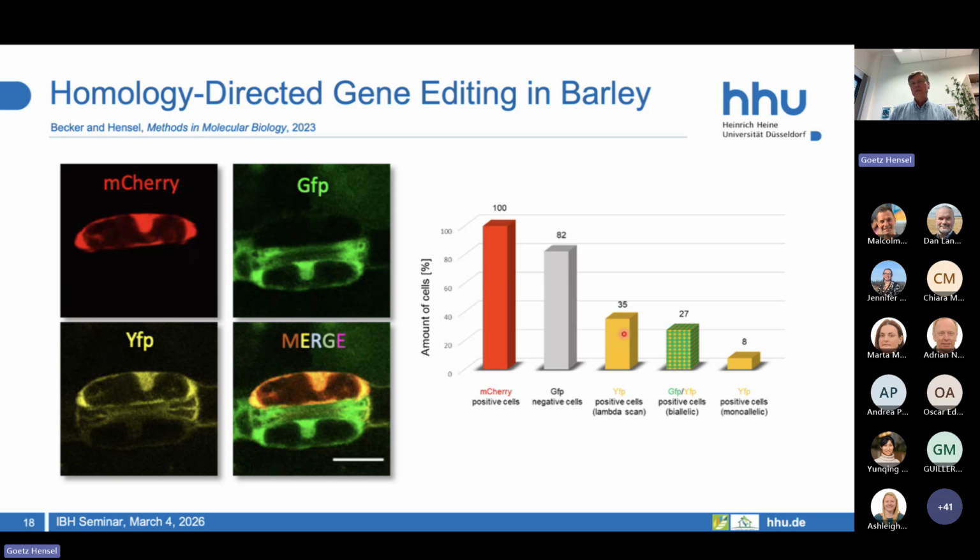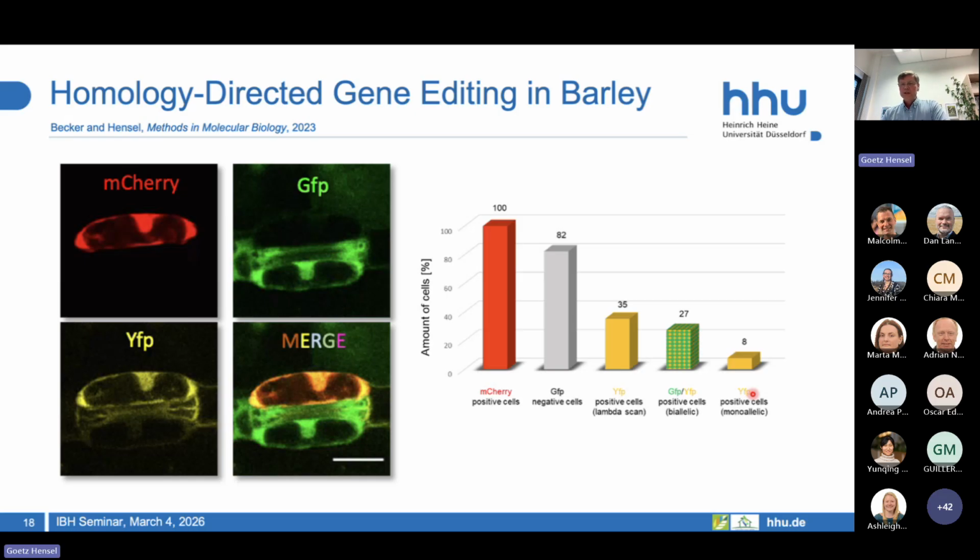And as barley is diploid, either one of the two alleles can have the correct repair mechanism and has used the repair template for the repair. So we have here in total 8% out of this which are purely YFP, where we assume that only the HDR is visible, which is a quite high percentage.